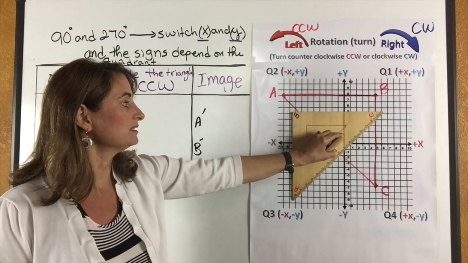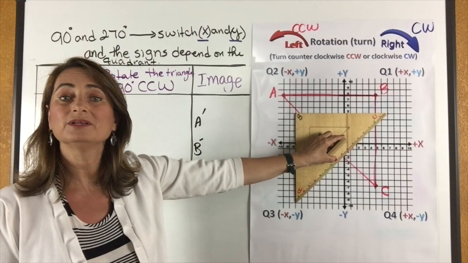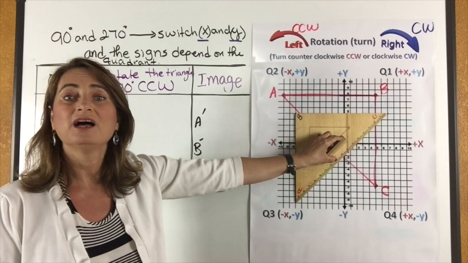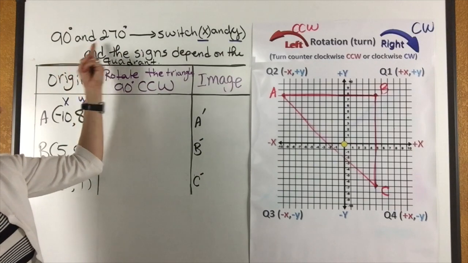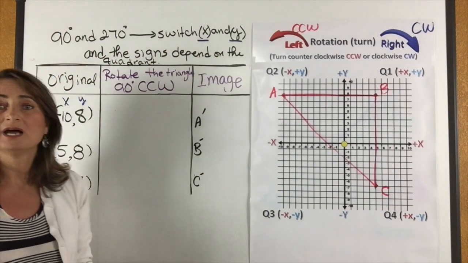It's 90 degrees about the origin, and that's how the image after the rotation would look. So let's apply the simple rule that we talked about: for 90 and 270 degrees, switch X and Y, and the signs depend on the quadrant. How does that work?